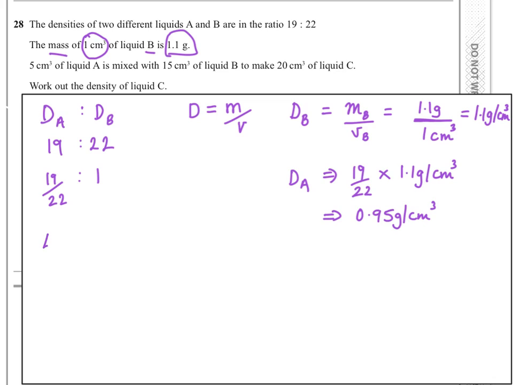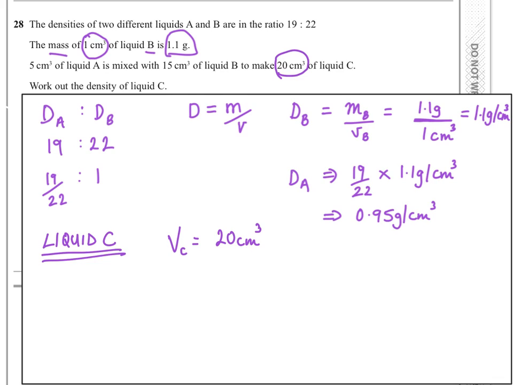Now let's have a look at a little side issue here, which is liquid C. Now, liquid C is comprised of a volume of, and I've done that, V of C, volume of C, and it says here 20 centimetre cubes.